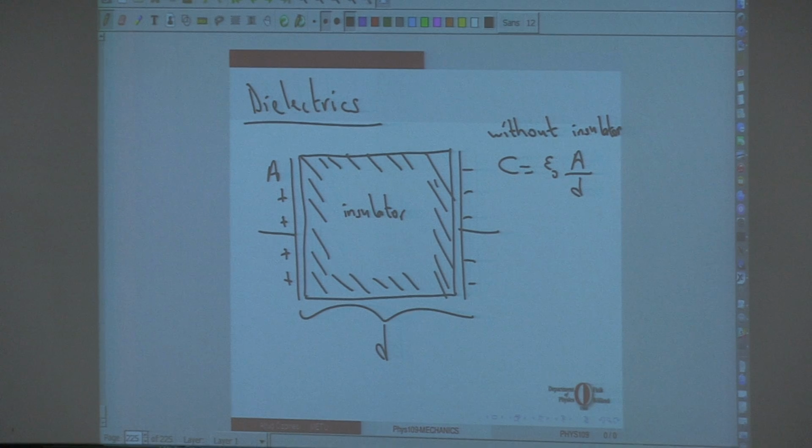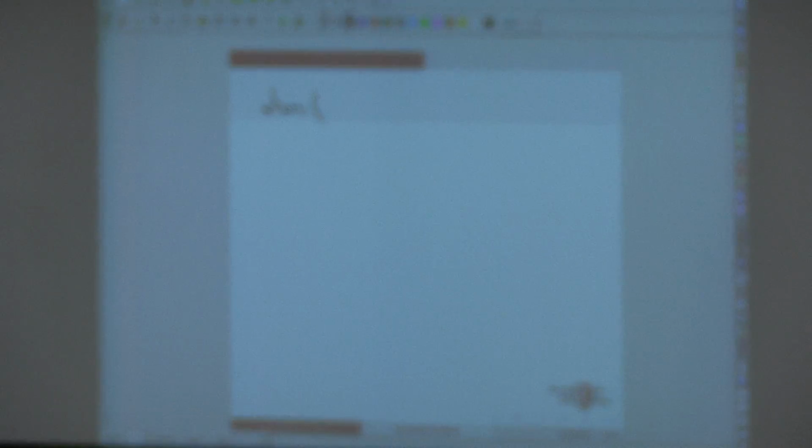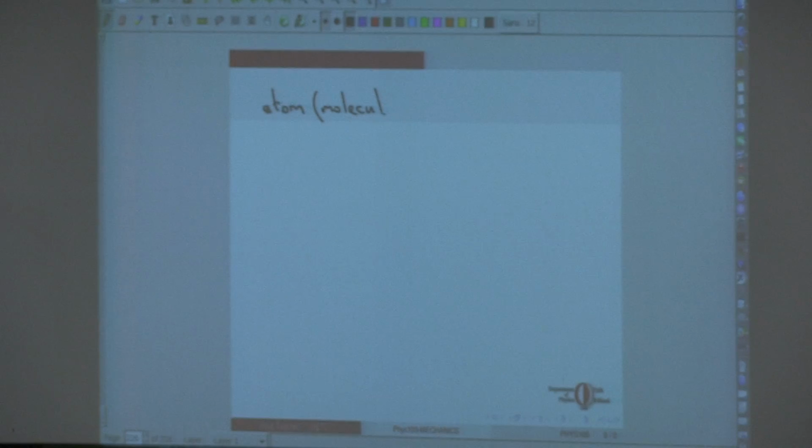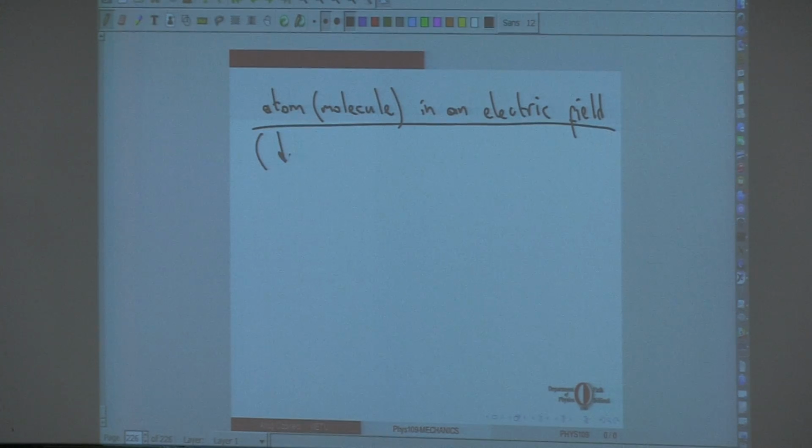Now, if we put this in an electric field, you can do the same argument for a molecule, or you can even do this for a dipole. Let's discuss the dipoles later on. Let's just take an atom. We have an electric field.